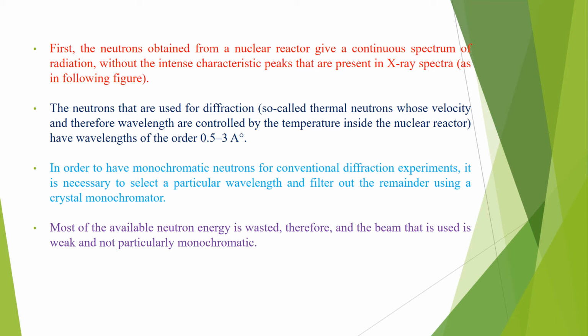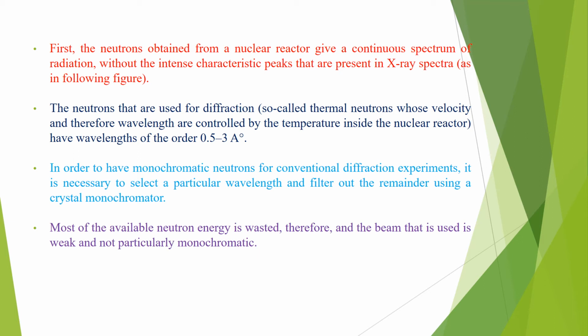The first difference is that the neutrons obtained from a nuclear reactor give a continuous spectrum of radiation, without the intense characteristic peaks that are present in X-ray spectra, as shown in the following figure in the next slide.